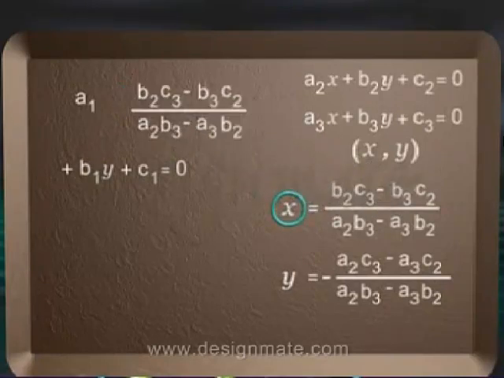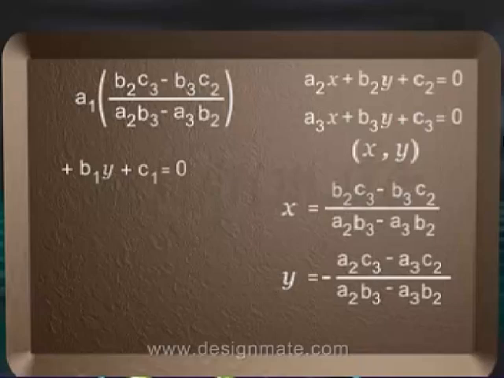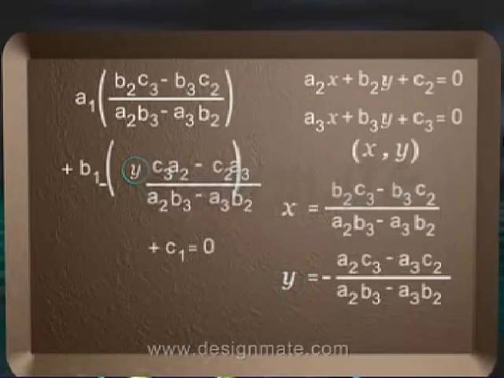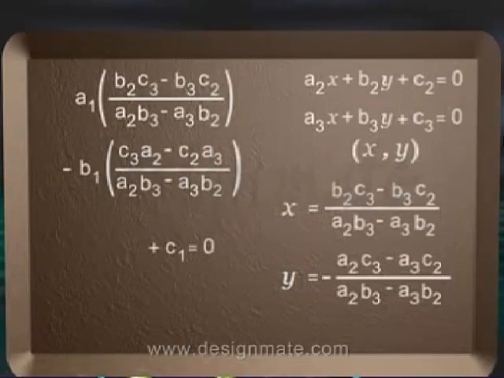a1 into (b2c3 minus b3c2) upon (a2b3 minus a3b2) minus b1 into (c3a2 minus c2a3) upon (a2b3 minus a3b2) plus c1 is equal to 0.